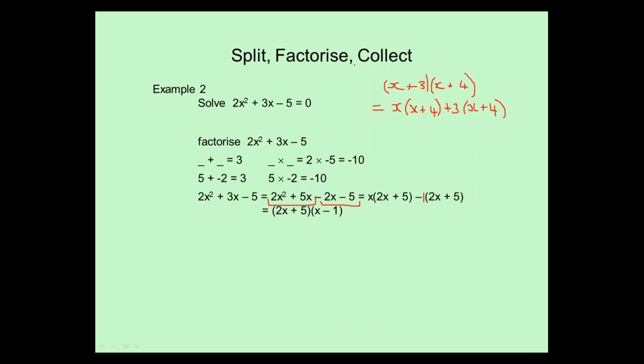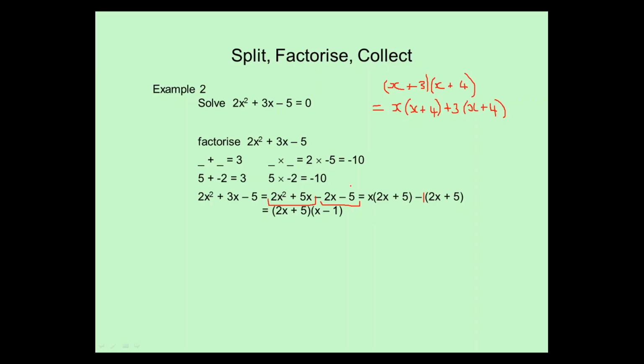So this is called the split, factorise, collect, because the splitting bit is identifying what you split that middle term into. You then factorise each of those 2 bits, and then collect that bit back into a bracket. And so there, you factorise that.